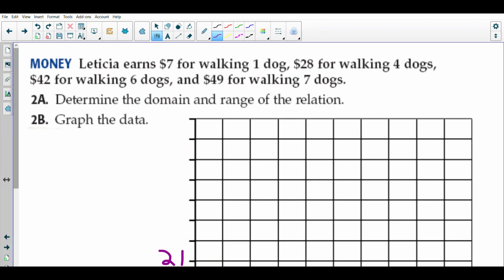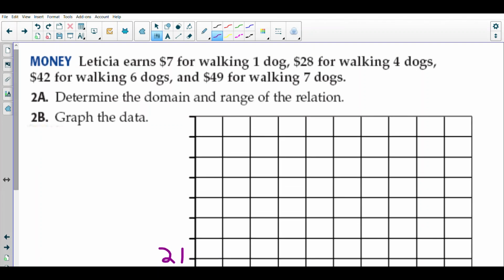Alright. Letitia earns $7 for walking one dog, 28 for walking 4, 42 for walking 6, and 49 for walking 7. Determine the domain and the range. So we got to look for what determines what. So what determines, or what she's going to deal with, is how many dogs she walks. So her domain is the number of dogs she walks.